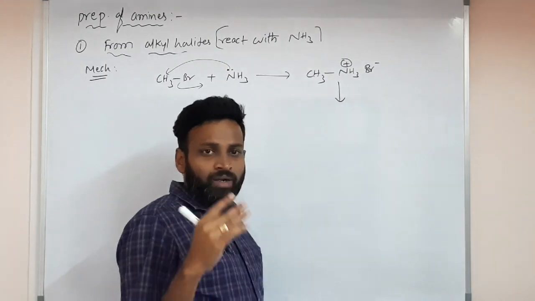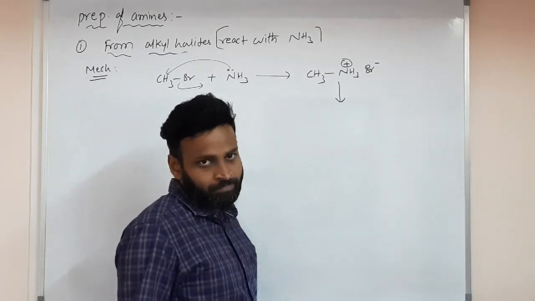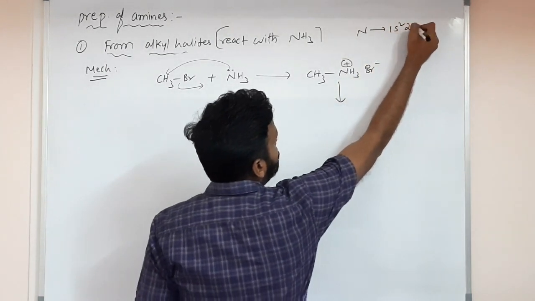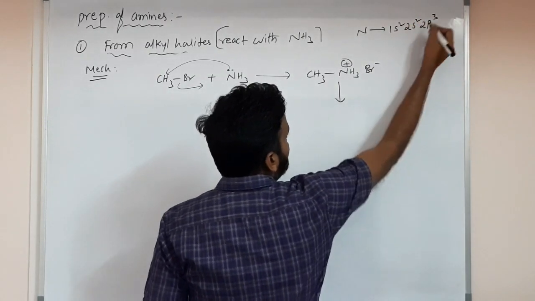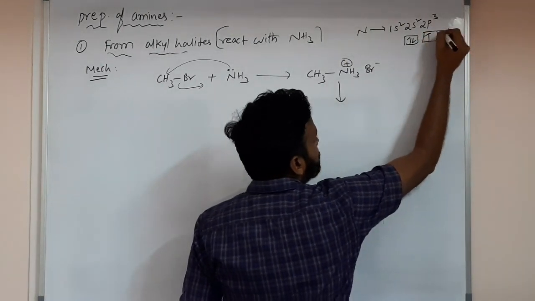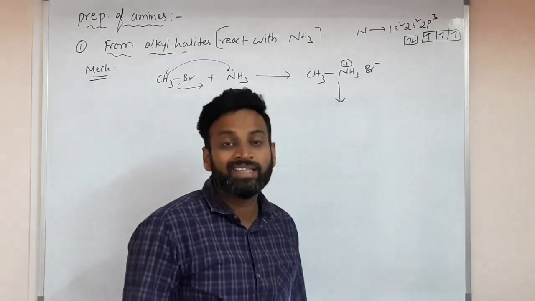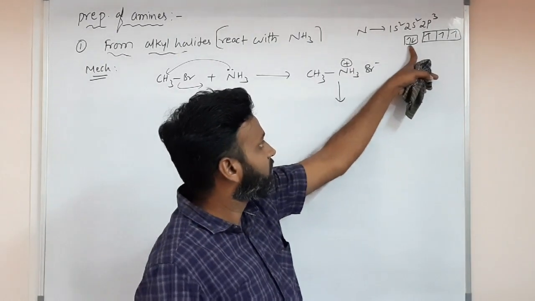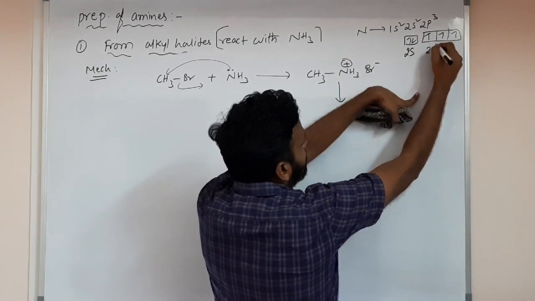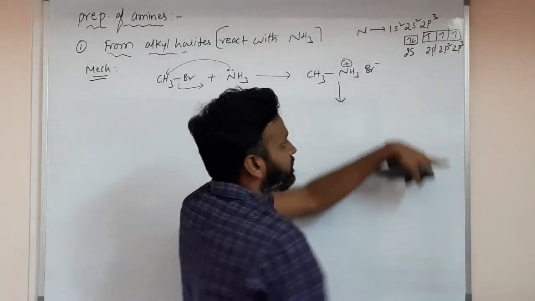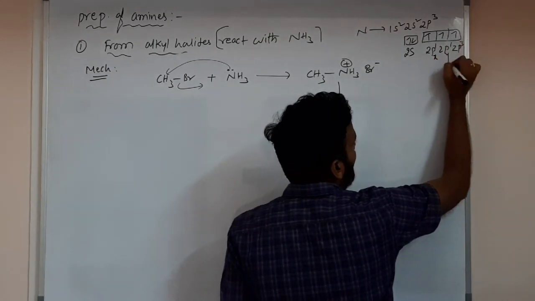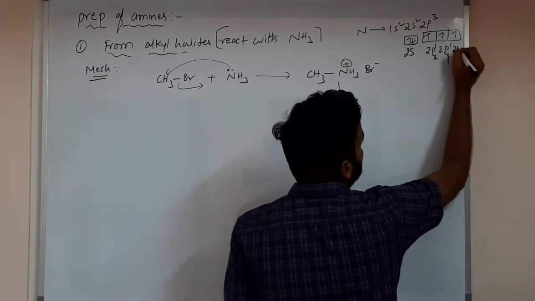Nitrogen can accommodate 3 bonds with stability because it has 3 unpaired electrons. Nitrogen is 1s2, 2s2, 2p3, so the 2p orbitals are 2px1, 2py1 and 2pz1.